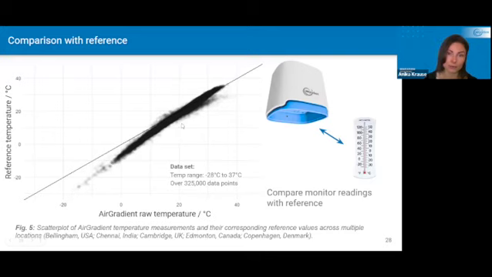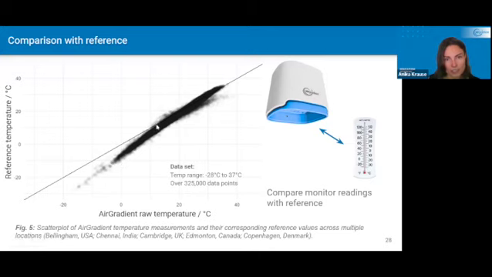And if you look at the scatter plot now, remember that the further away the dots are from this one-to-one line, the bigger is the error. So here you can clearly see systematically, the lower the temperatures are, the larger is the temperature error we're measuring.